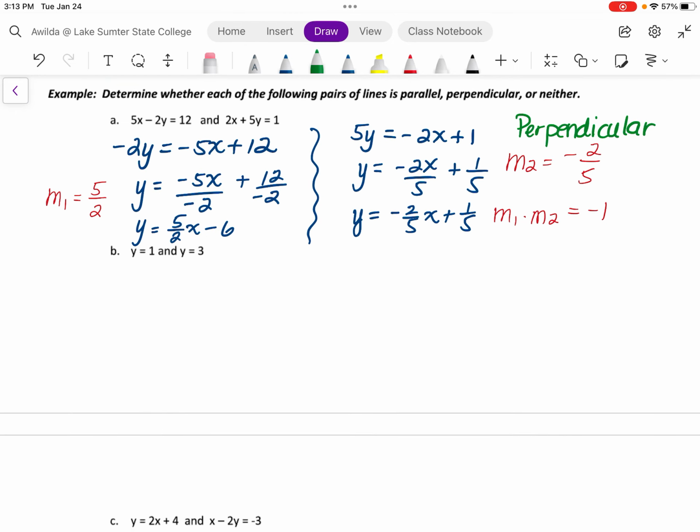We have the first line with equation y equals 1, the second line with equation y equals 3. Well, both of these lines are already written in slope-intercept form. And these are special cases. Both of these lines are horizontal.